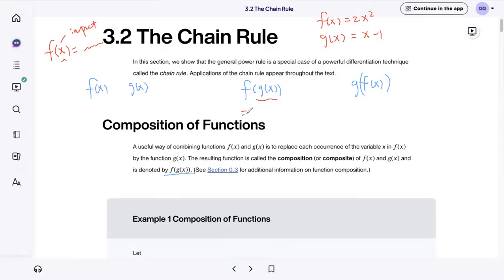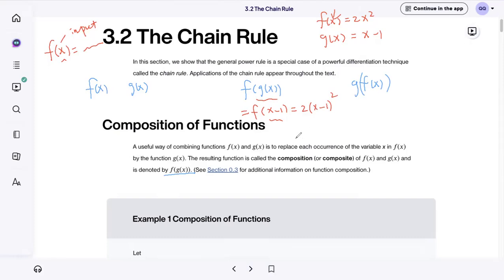So what is f of g of x? That means f takes g as input. What's g? g is x minus 1. Now, everywhere x appears becomes x minus 1. So the function is 2x squared, 2 times the input squared. So the input is x minus 1 now, 2 times the input squared.